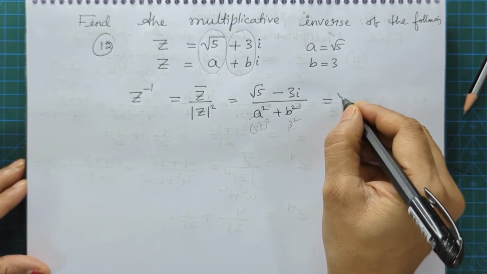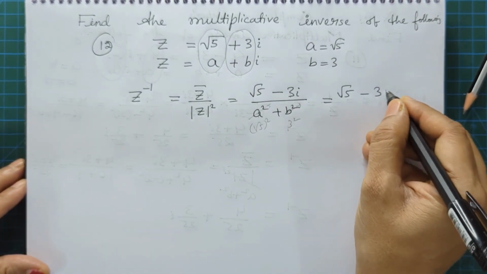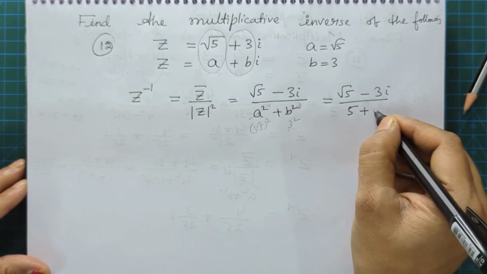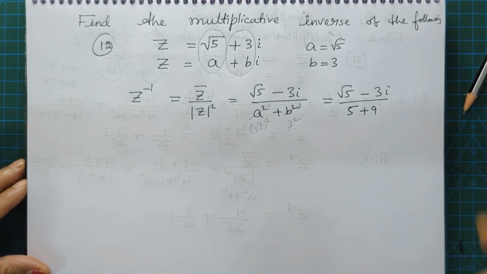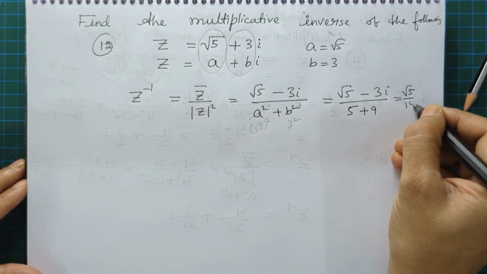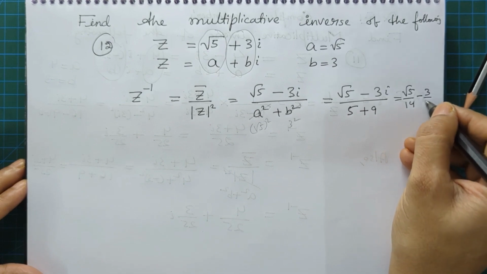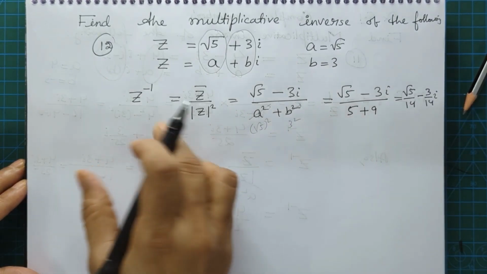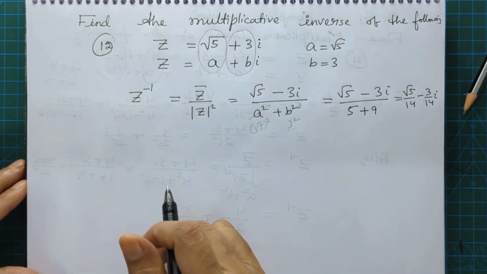This turns out to be root 5 minus 3i divided by root 5 square is 5, 3 square is 9. So root 5 by 14 minus 3 by 14i. This is the multiplicative inverse of root 5 plus 3i.